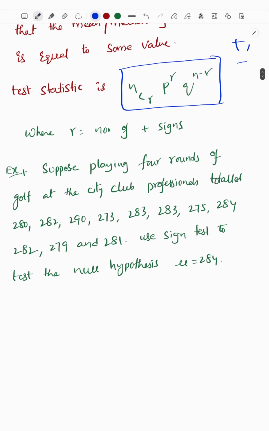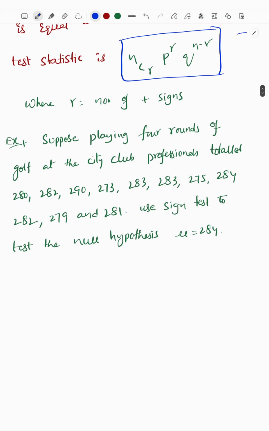To explain all this, I have taken an example. Suppose playing 4 rounds of golf at the City Club, professionals' total scores are given. Some scores were given and we use the sign test to test the null hypothesis where mu is equal to 284.